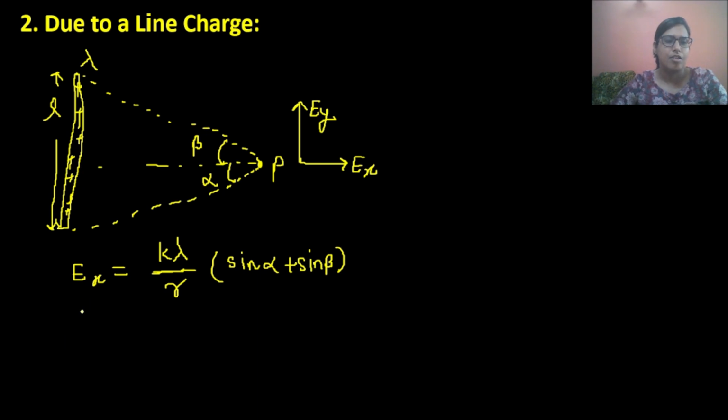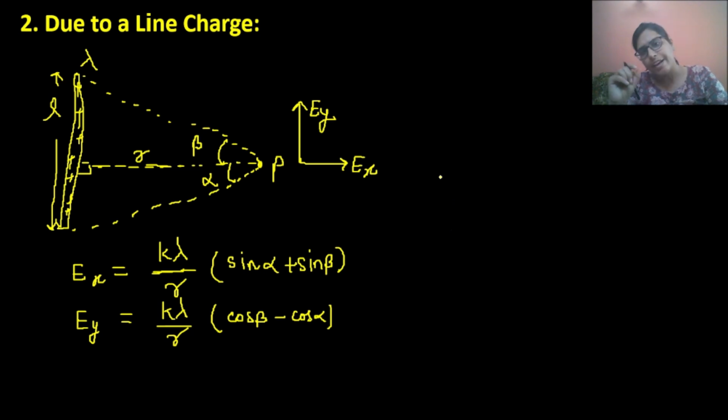And the electric field component in y direction will be k lambda upon r. What is the r? r is the distance of point P from the line charge. This is r. This will be cos beta minus cos alpha. Now how to calculate direction?